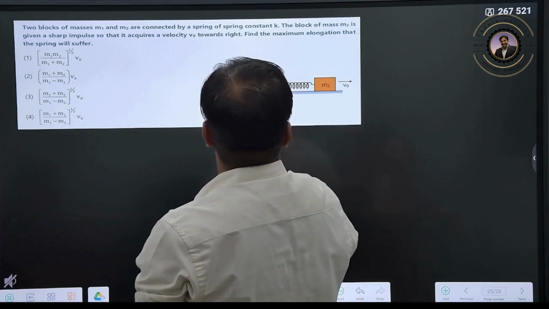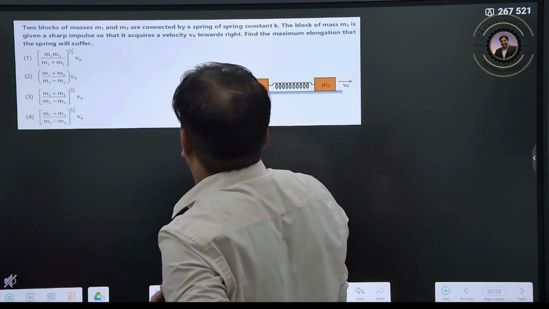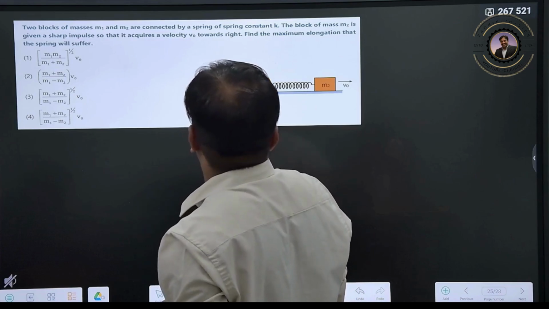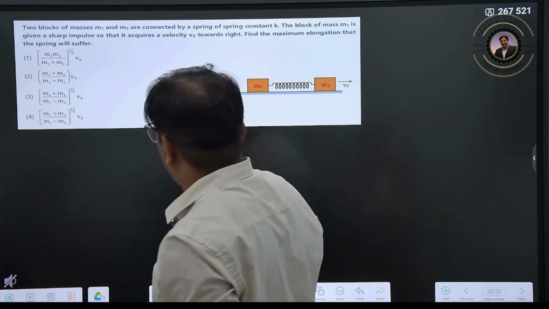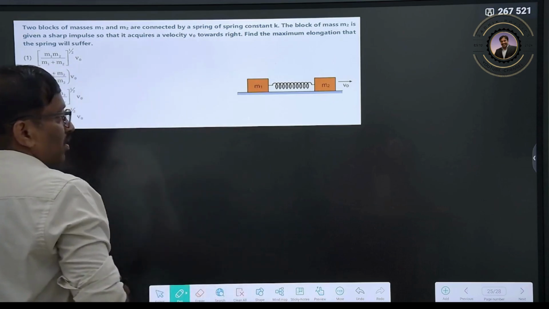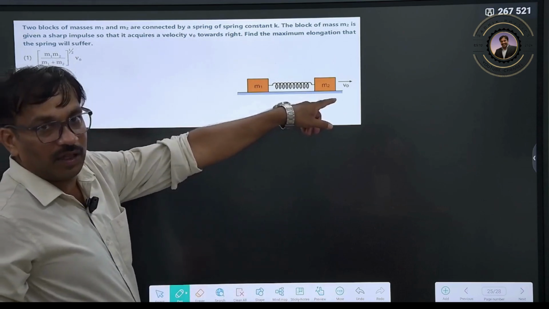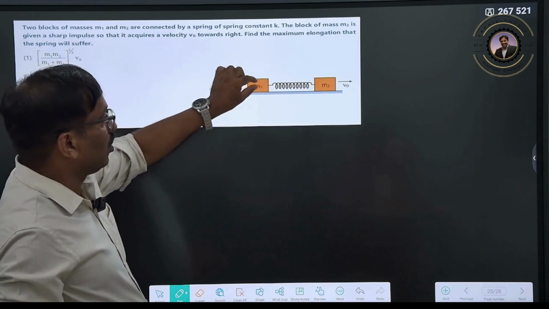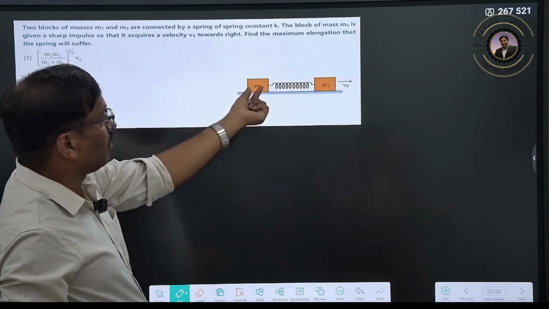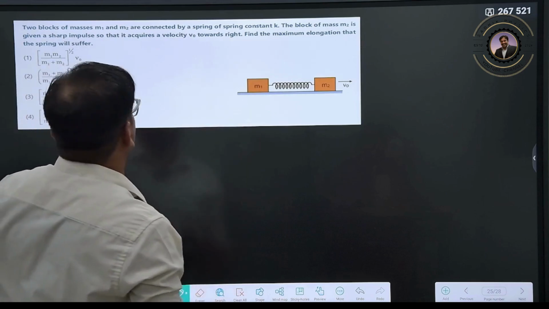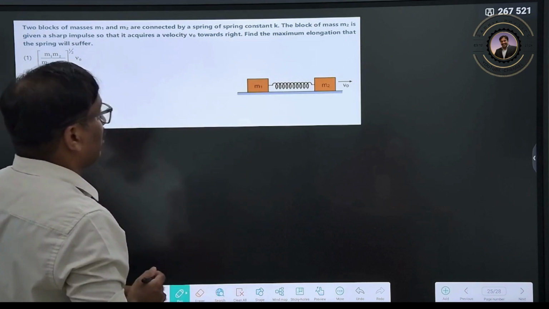The block M2 is given a sharp impulse of velocity V0 toward the right. Maximum elongation of the spring is asked. Again the same thing. Maximum elongation will take place only when both are going with the same speed. So maximum elongation is what we want to calculate.